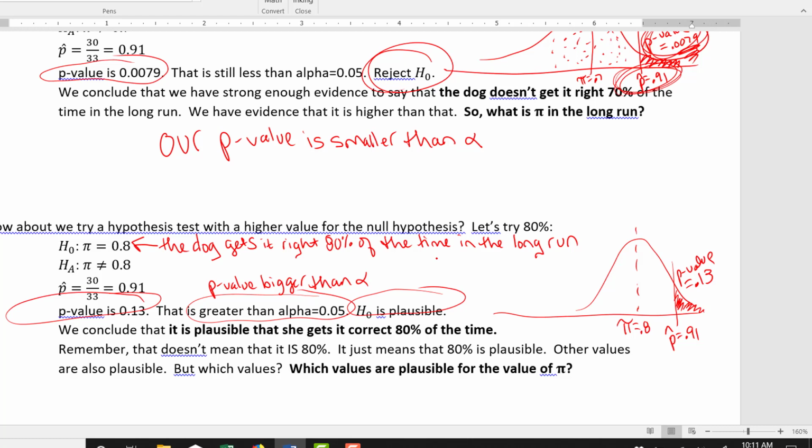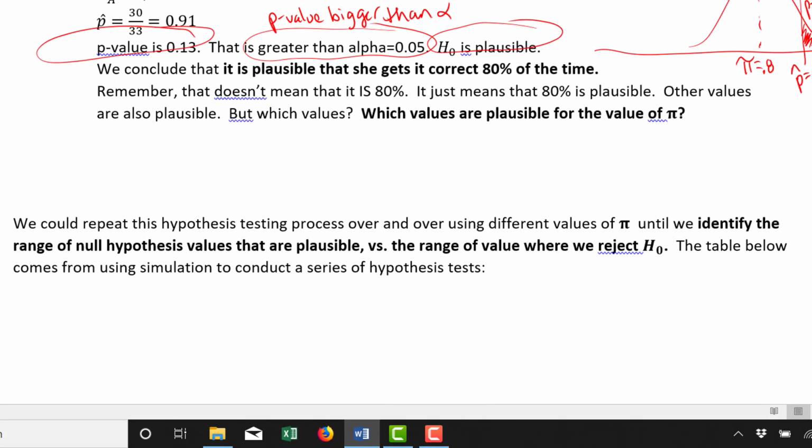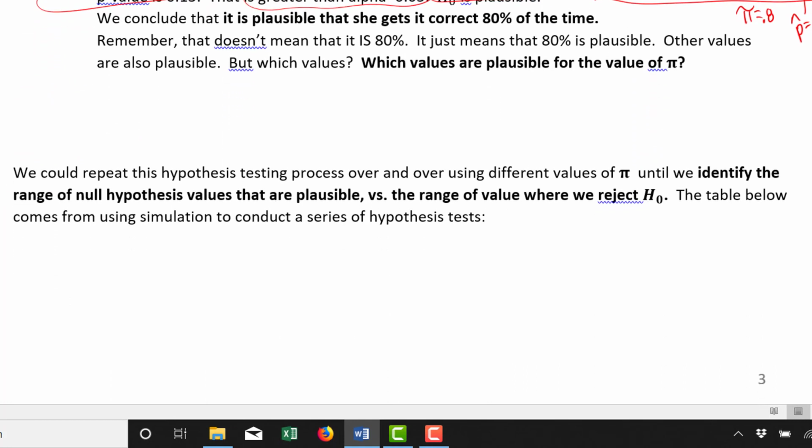But maybe if I made a guess of 82%, that could also be plausible. Or maybe if I made a guess of 90%, that could also be plausible. In fact, it seems like there could be many, many values that we could hypothesize for the value of pi, and they could all be plausible. What we're talking about here is this idea of an entire interval of values of pi that would be plausible.